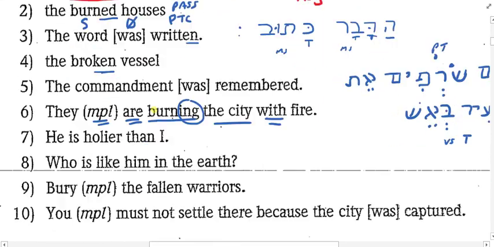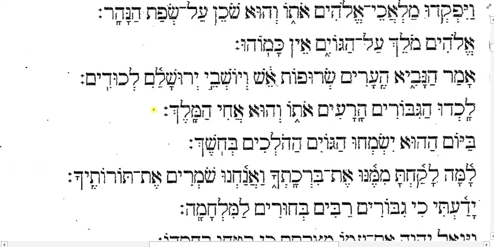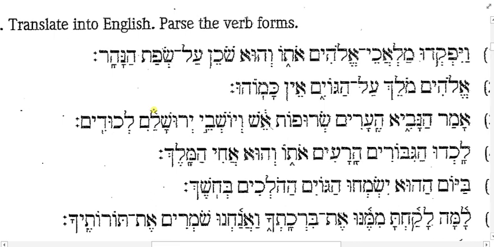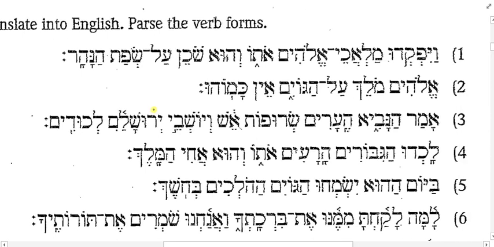So let's go to the translation homework here. Any numbers you want to look at on these? Okay. So we have va-yif-kadu. Do you see this vowel pointing of the vav? What does that tell you about that form?